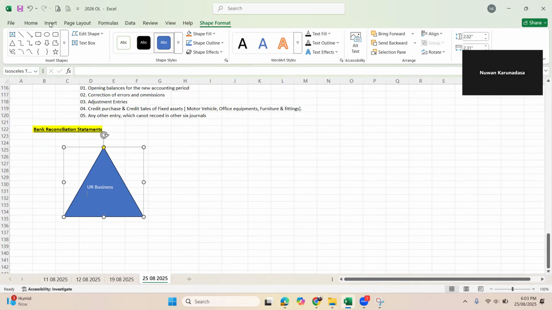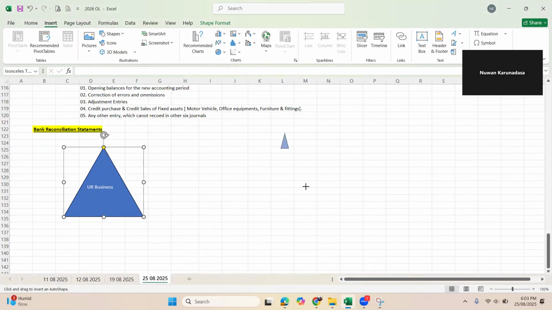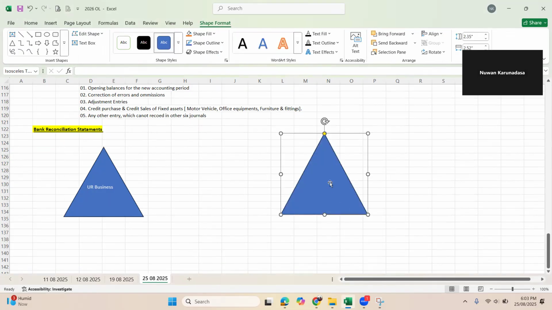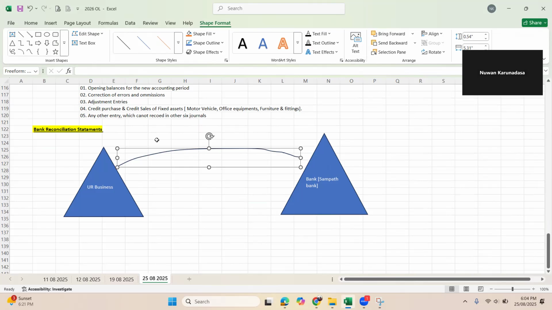Just think you have opened a current account in the commercial bank. This is the bank, right? Say Sampath Bank. So just think that initially you have deposited some money to open a current account.